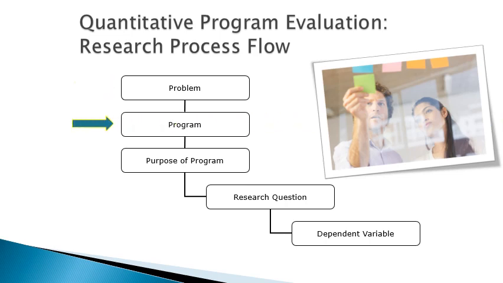The program is the XYZ Gang Intervention Program. The purpose of the program is to reduce the number of gang-related fatalities in the city of Los Angeles. Research question: does the XYZ Gang Intervention Program reduce the number of gang-related fatalities in the city of Los Angeles? Dependent variable, back to the problem, gang-related fatalities.